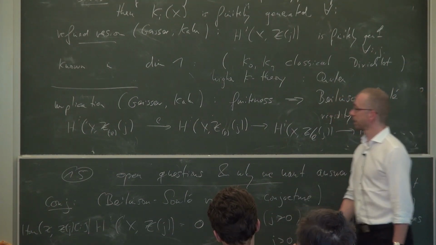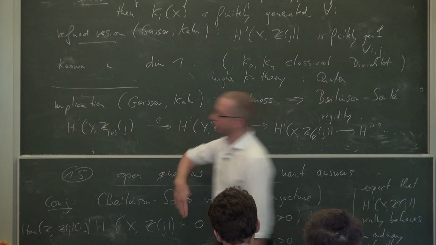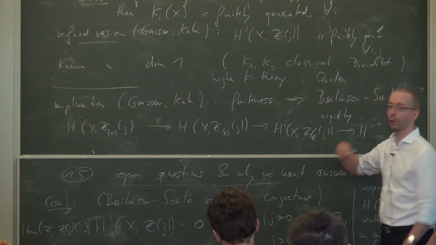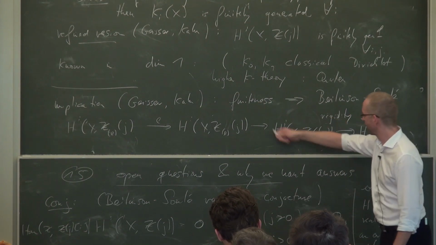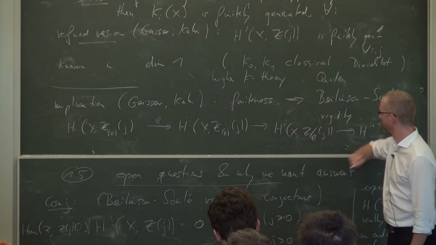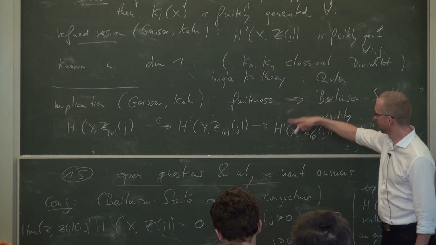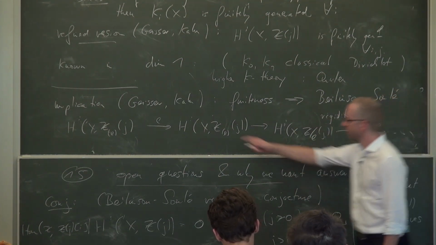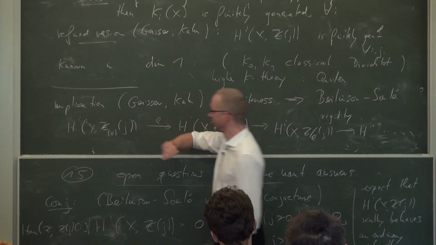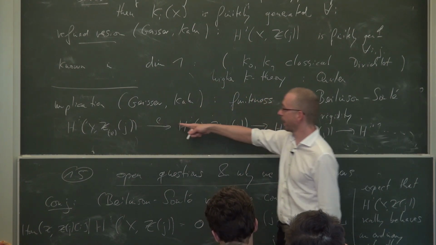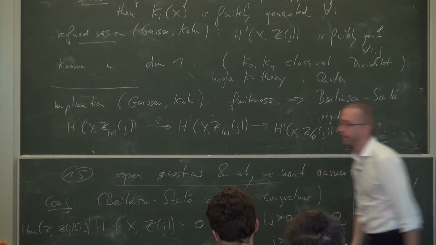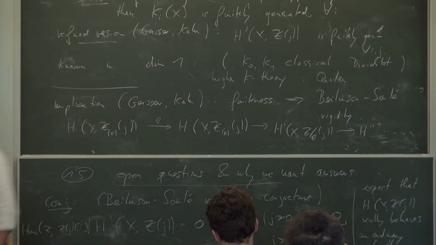And then, if we're really in the negative degrees, so if i is really negative, then all this Bloch-Kato and Beilinson-Lichtenbaum stuff tells us that at this point we would have étale cohomology, and that vanishes in negative degrees. So you know that this must be an isomorphism, but it's multiplication by l on something that is finitely generated, and then it must be trivial. So this is one of the things that I alluded to yesterday.